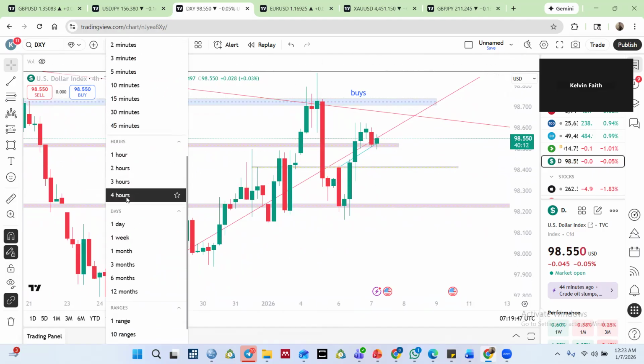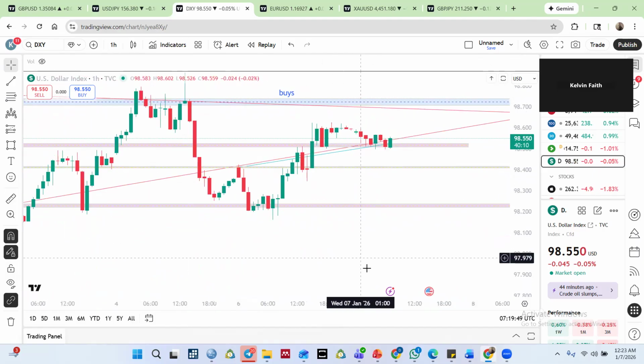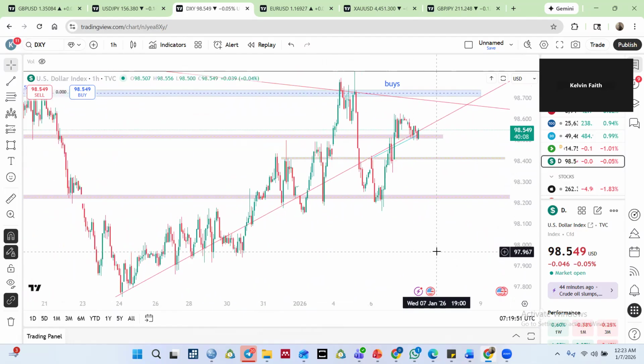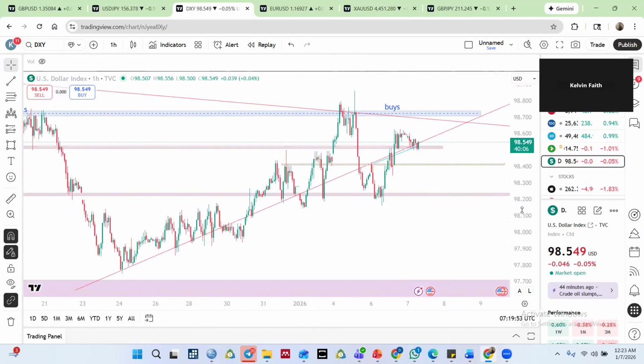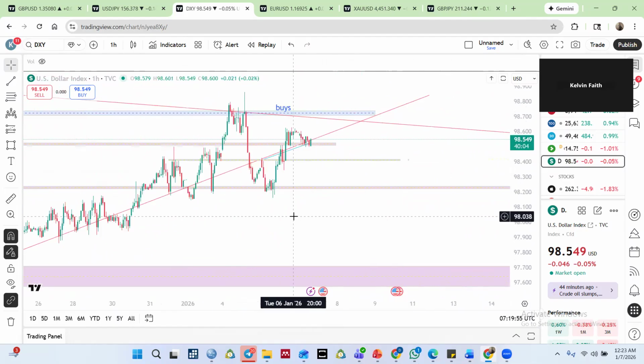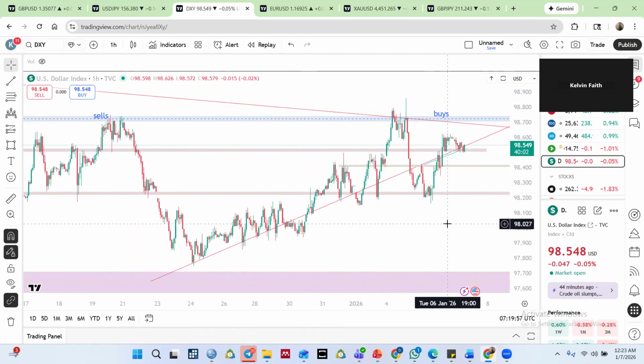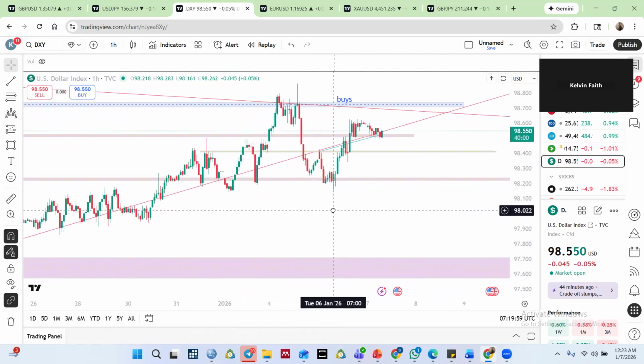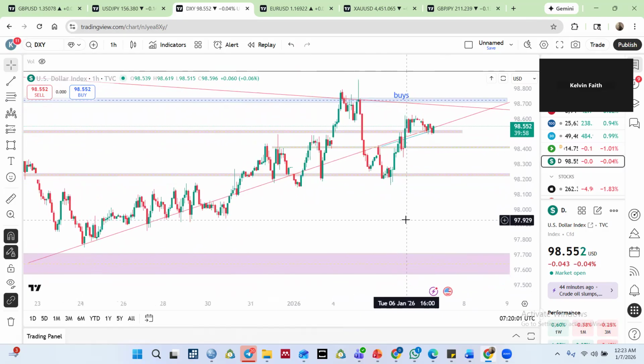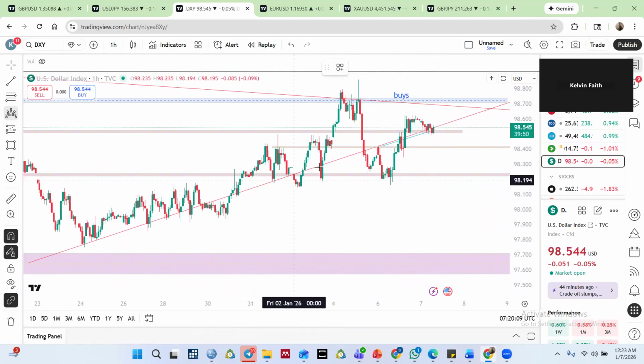Let me go to 1 hour. From the 1 hour time frame, inside this area also, there are things that I might want to look for. So let's say I'm seeing rejection and I'm anticipating that the seller should be in charge. Because price has been buying, I want to look for a head and shoulders pattern.